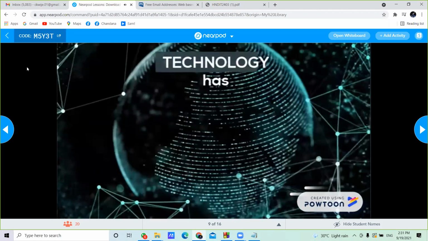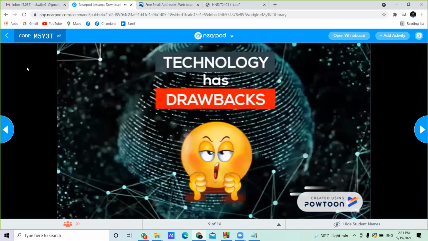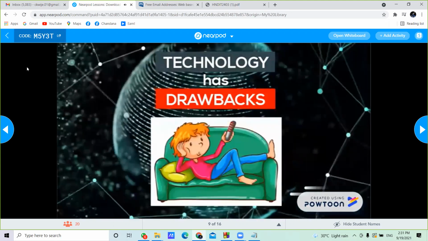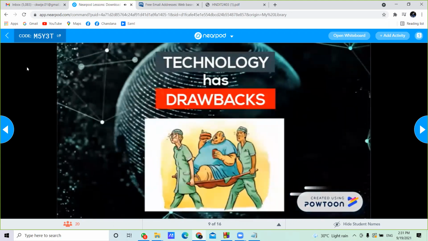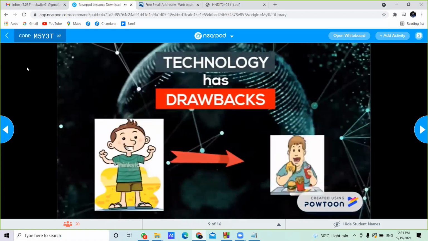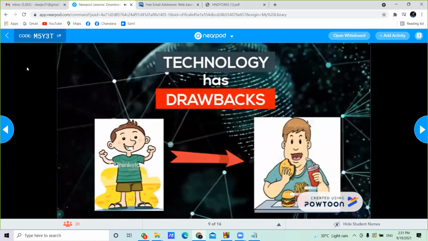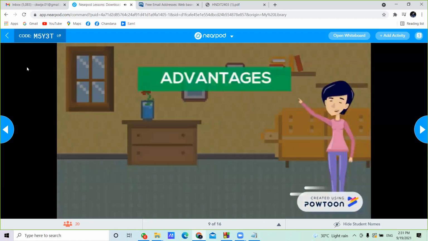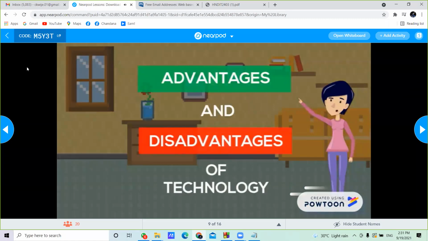But, like most things, technology also has its drawbacks. In fact, some of the more recent inventions are now being categorized as lazy aids and are considered major contributors of obesity and a generally unhealthy population. Now let's proceed to technology's advantages and disadvantages.